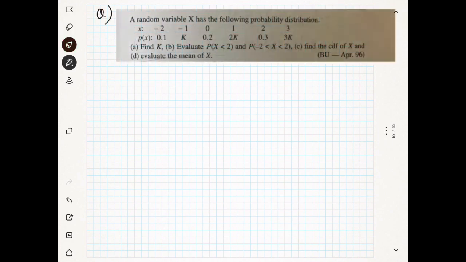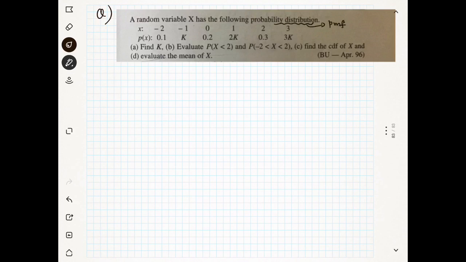Now we will see a problem. There is a random variable x, and we are talking about a discrete random variable. The random variable x has the following probability distribution function, also known as the probability mass function.